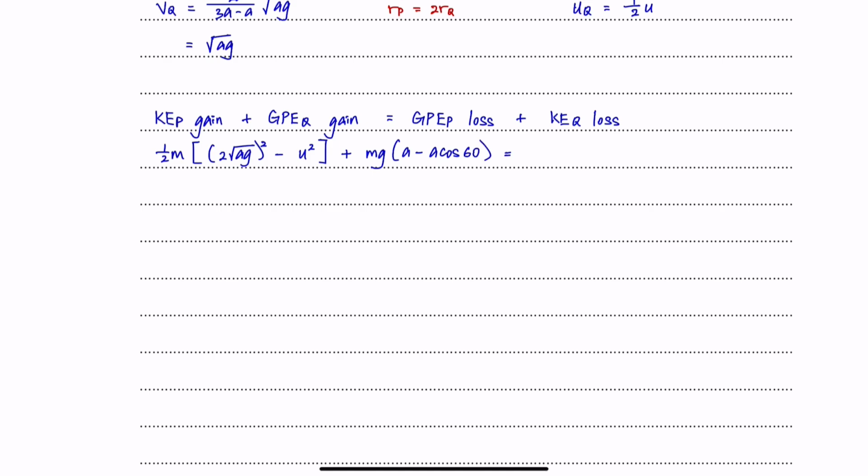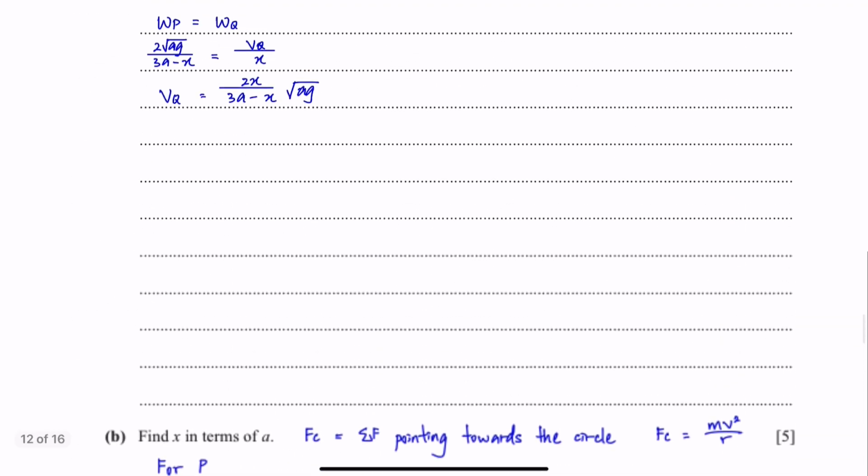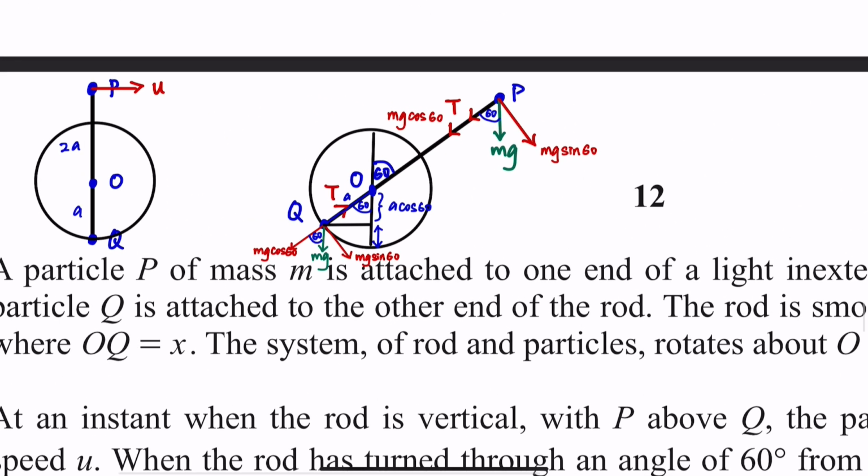And for the gravitational potential energy lost by P, we have mg, and for the height, it's the same concept. We have the height here initially, and it's now at this level.